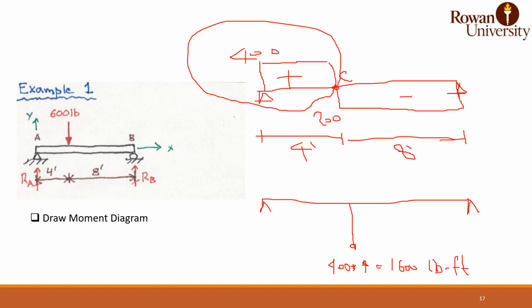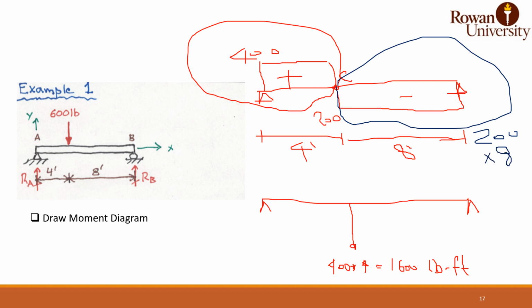If you calculate it from the right side, it will be 200 times 8, which is the same, 1600 pound-foot. And since it is a concentrated load, this line is flat, and this is going to be a sloped line. The moment is the integration of this horizontal line.